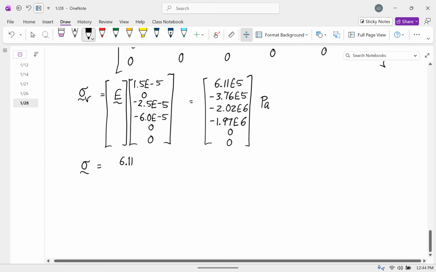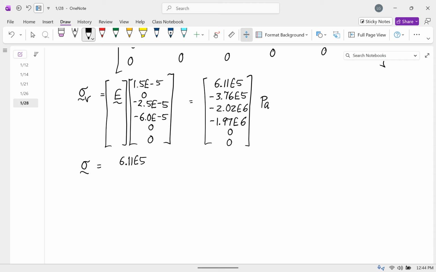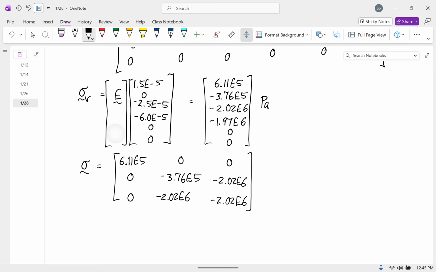So 6.11 times 10 to the 5, negative 3.76 times 10 to the 5, negative 2.02 times 10 to the 6, and then 0, 0, negative 2.02 times 10 to the 6. And now just make it symmetrical. So there's the stress tensor.